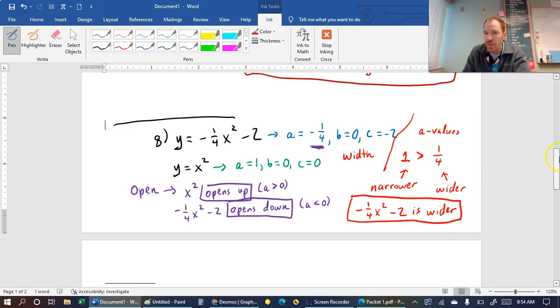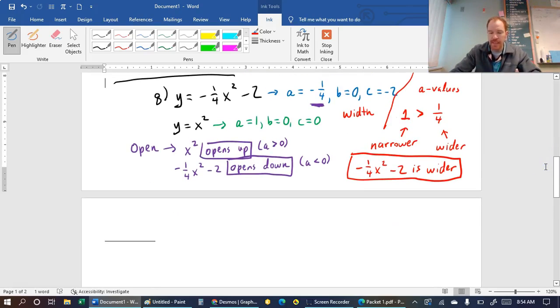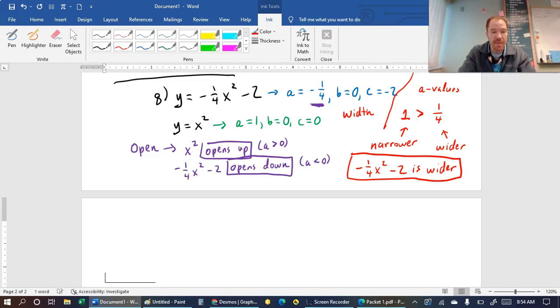Okay, and then one more thing that we'll check here, and I'll scroll down a little bit, and that would be the position of the vertex. Did we shift up or down? Which function has a higher vertex or a lower vertex? And this is the value for c now. So shift or vertex location.